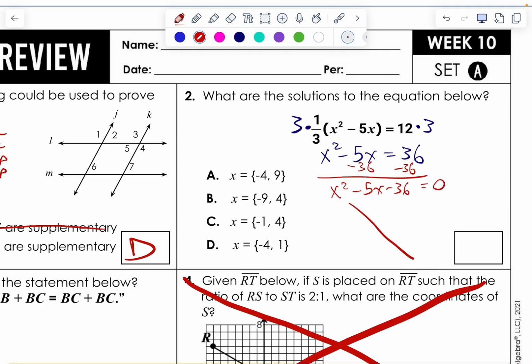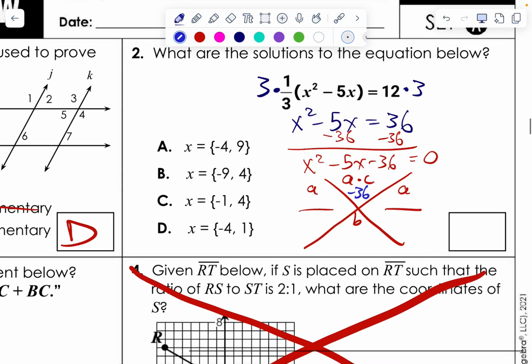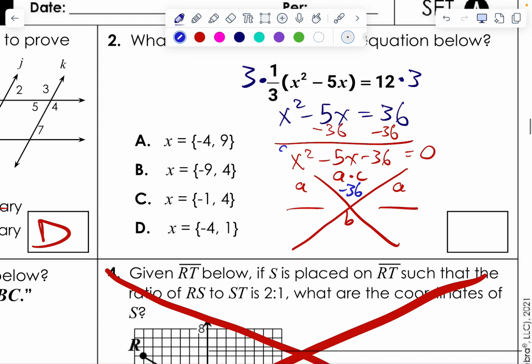And now we'll factor this. And we reviewed this yesterday, so hopefully it goes well. A times c is what in this one? Negative, yep. Negative 36. B? Yeah, negative 5. Okay.